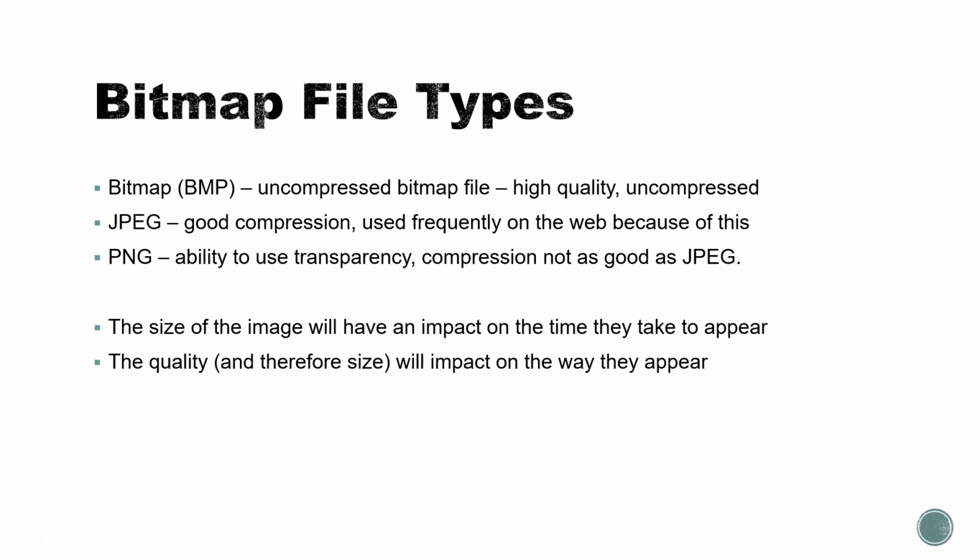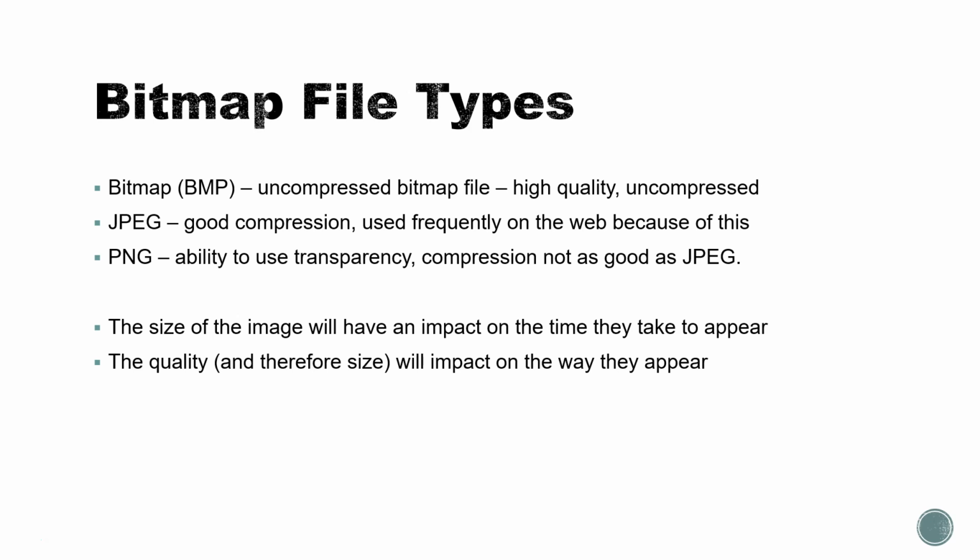It's not going to look quite as good as a .bmp, but the actual file size is going to be much smaller, which means that the page is going to load quicker. So that could be a good thing. And I think also the smaller the screen, the less impact the really high quality graphics is going to have, because you can't see it as well anyway.